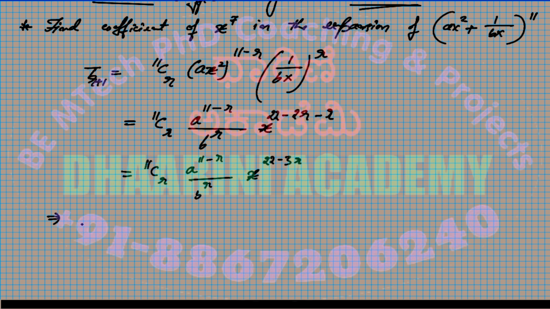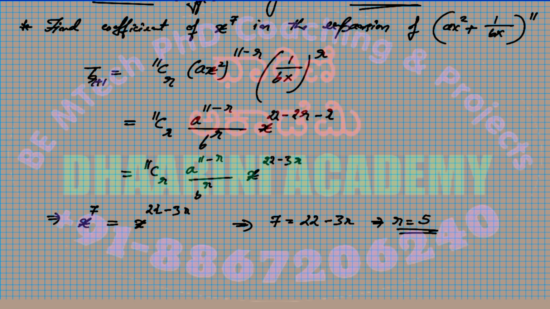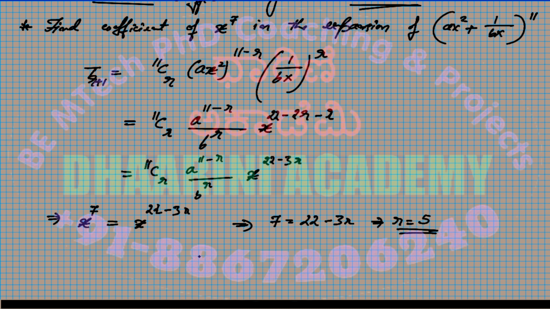This implies if you want to have x to the power 7, I should be able to equate these to x to the power 22 minus 3r. So that implies 7 should be equal to 22 minus 3r. Right. So 3r is equal to 22 minus 7, which is 15. So r is equal to 15 by 3. So r should be equal to 5. Okay. So that means r is equal to 5, right?